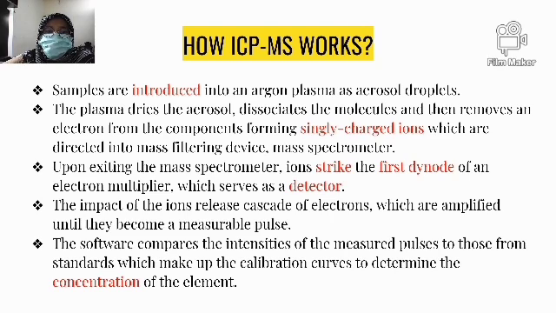Upon exiting the mass spectrometer, ions strike the first dynode of an electron multiplier, which serves as a detector. The impact of the ion releases cascades of electrons, which are amplified until they become a measurable pulse. The software compares the intensity of the measurable pulse to those from standards, which make up the calibration curve, to determine the concentration of the elements.